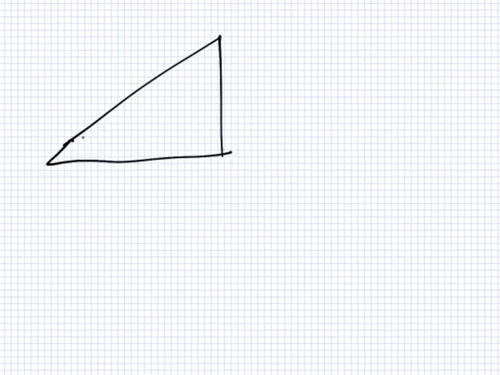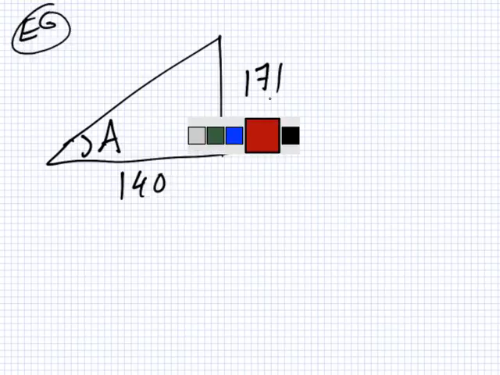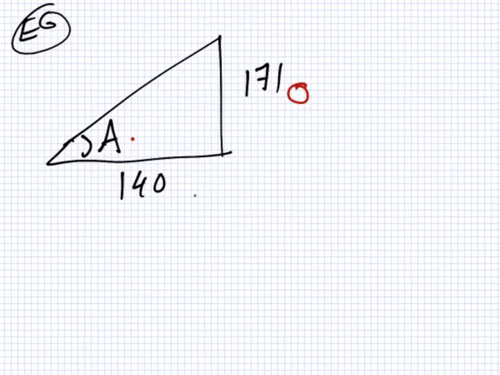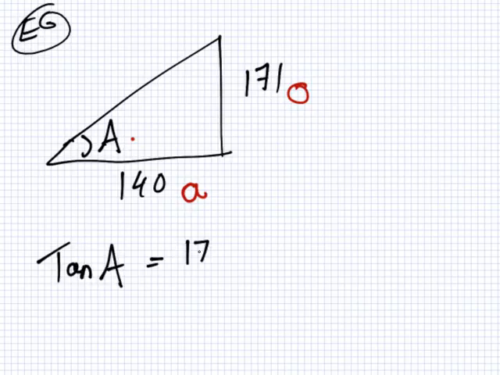This time I want the angle, and I have two of the sides. What is this side called compared to this angle? And this one? So I should be using tan, yeah. Tan A equals 171 over 140.